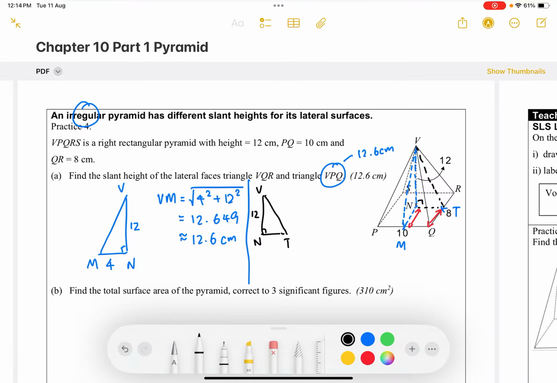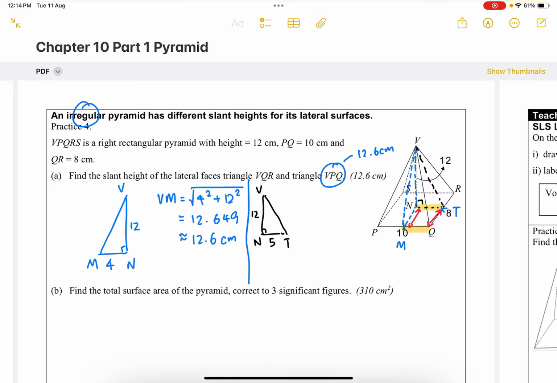NT refers to this portion, which is the same as this portion, which is simply 10 divided by 2. So that gives us 5. Therefore, VT must be the square root of 12 squared plus 5 squared. That gives us 13 centimeters. Okay, so this slant height will be 13 cm.